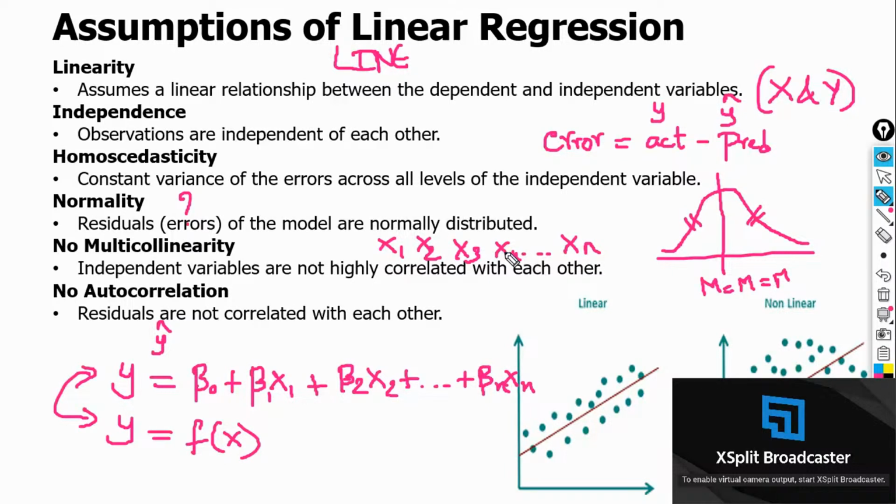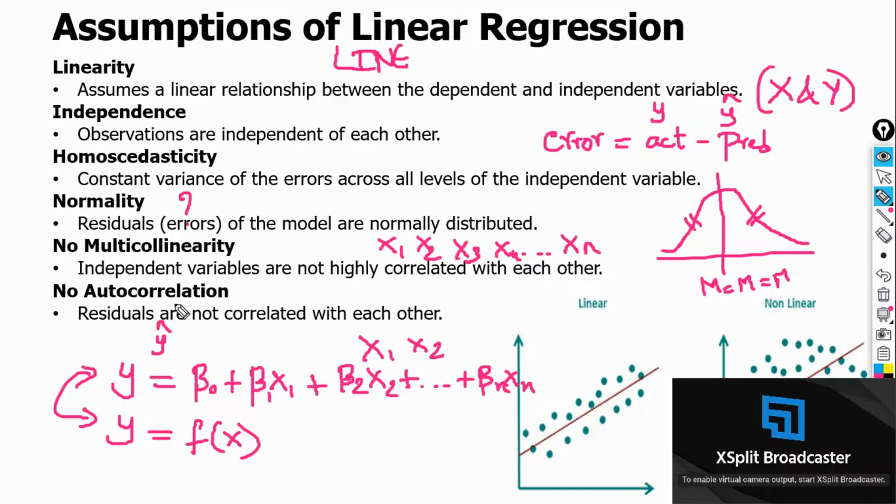They should not have high correlation. If they are correlated, for example x1 correlated with x2, then we have a multicollinearity issue.